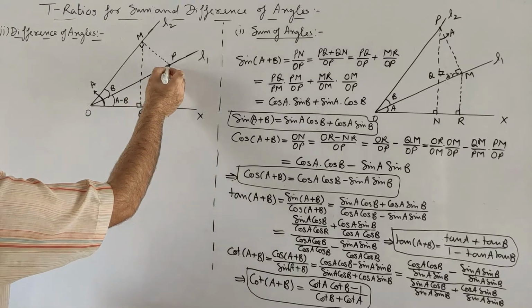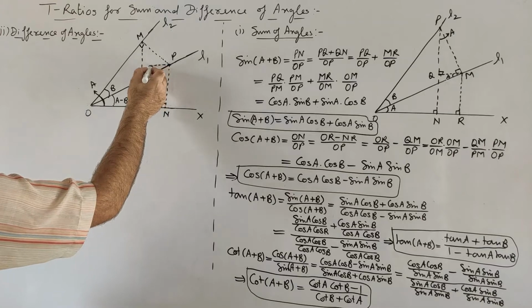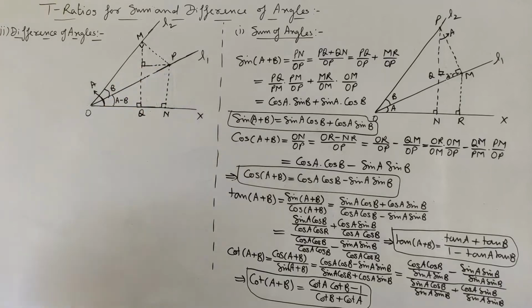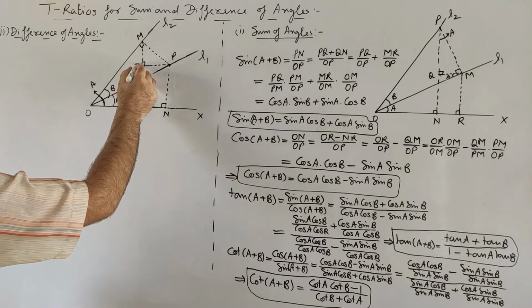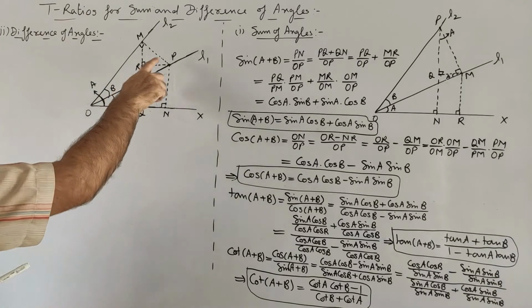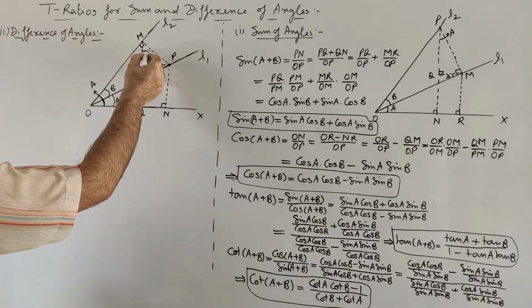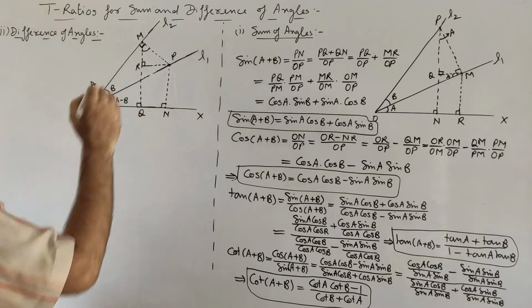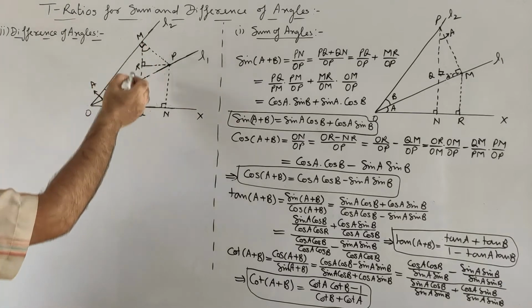Now we will draw a line parallel to OX from P such that this line meets MQ at point R. Then angle PRM will be a right angle, and if we come to angle RMP, then this angle RMP can be obtained from triangle OMQ.